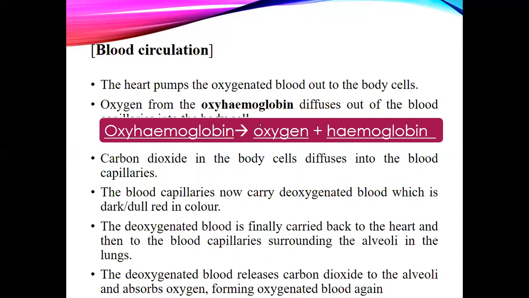When that happens, it makes you able to carry out the process of respiration. When the oxyhemoglobin releases its oxygen into the bloodstream, you're going to have only hemoglobin remaining, and you're not going to have oxygen.